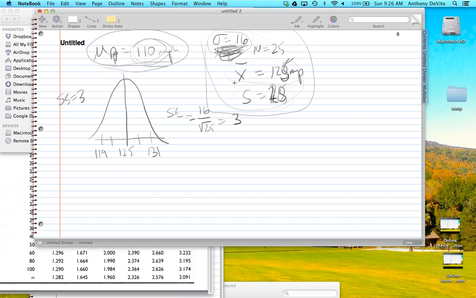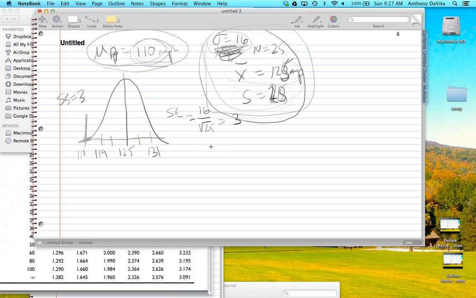How likely is it that these two populations could be the same? Well, you can see intuitively that 110 is so far away that the probability that you would get a result of 110 from this population is very, very tiny. And we're going to calculate what that probability is.